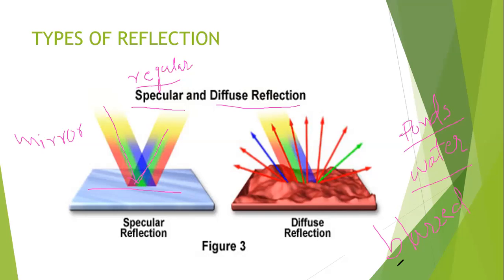You observe a blurred image because of the uneven surface. If the light hits the irregular surface, it will not reflect back with the same angle. The angle of the reflected ray will be changed. Due to the change in the angle, you cannot see the clear image.